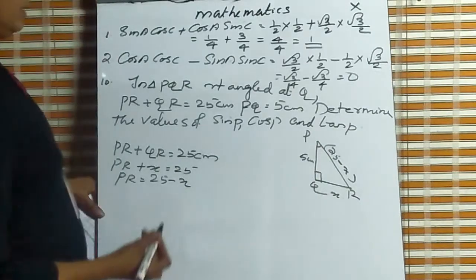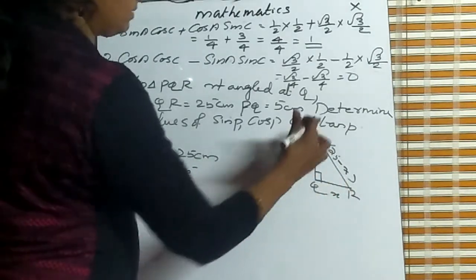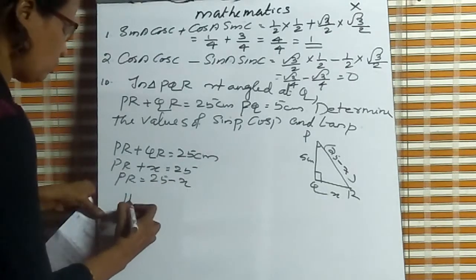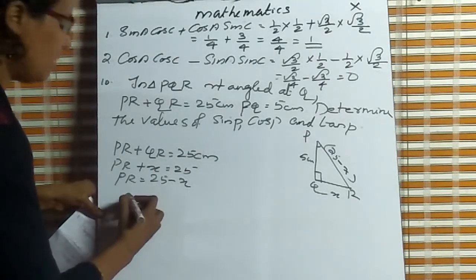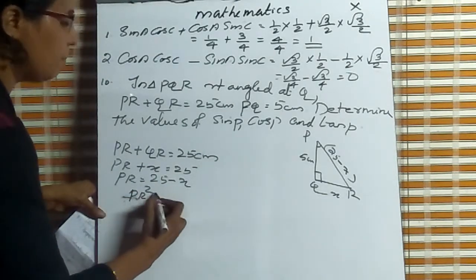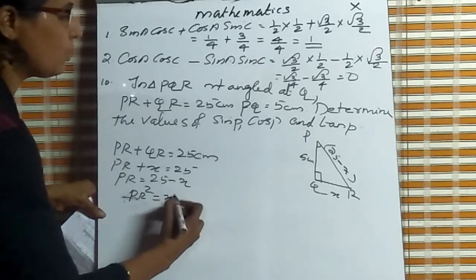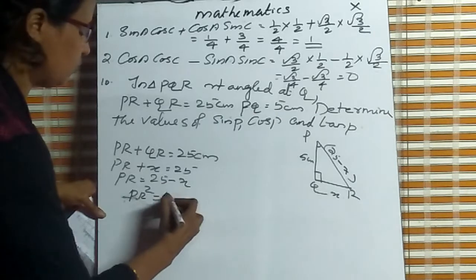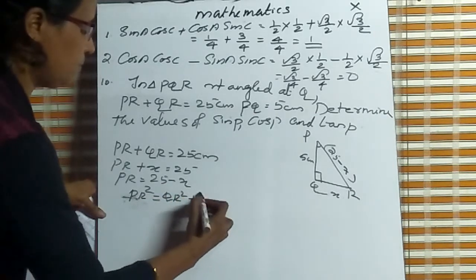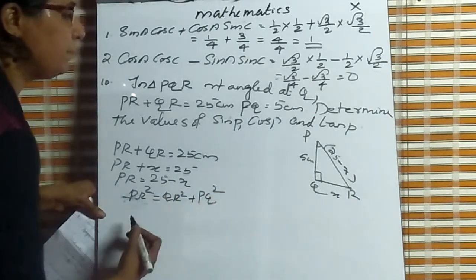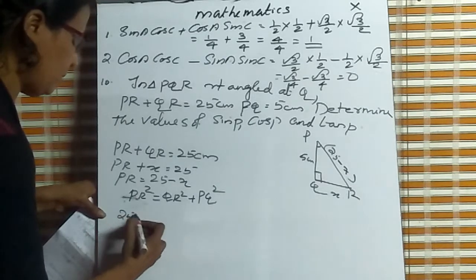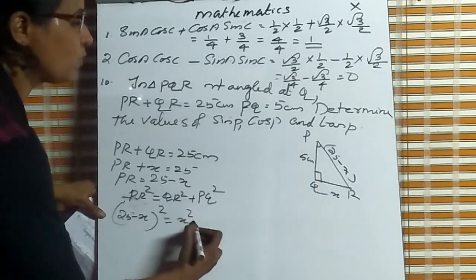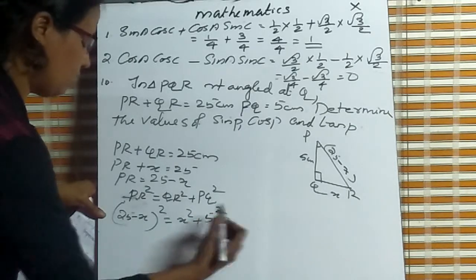Take our acute angle as P. According to Pythagoras theorem, hypotenuse square is equal to base square plus height square. PR square is equal to QR square plus PQ square. PR square is 25 minus X whole square, equal to X square plus 5 square.